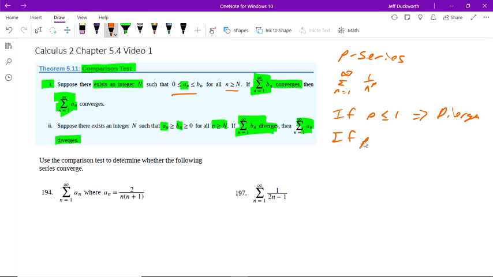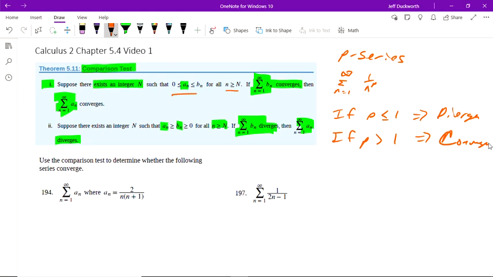And if p is strictly greater than 1, that means the series converges. So those are good ones to use for the comparison test because we can usually make other series look like it. In fact, the 2 situations that I've chosen will be able to compare to a p-series.